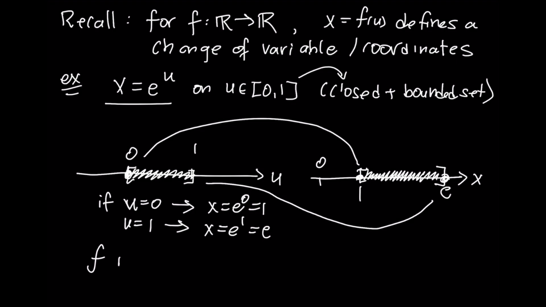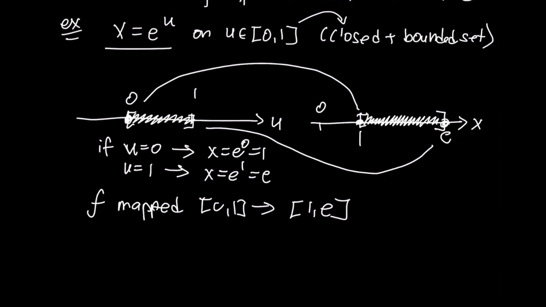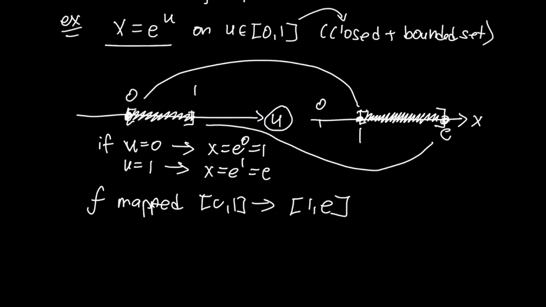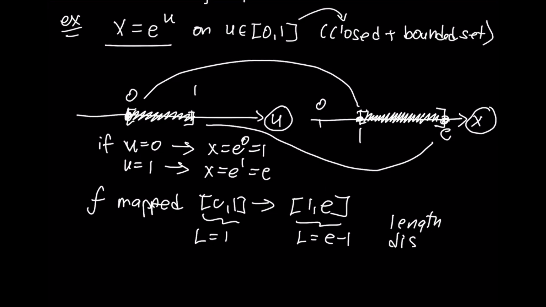So what's happened is that the function has mapped the interval 0 to 1 into the interval 1 to e. What we're noticing here is that the variable u has changed and turned into x. The length of this interval was 1, but the length of this new interval is e minus 1. So there has been a length distortion due to this transformation.